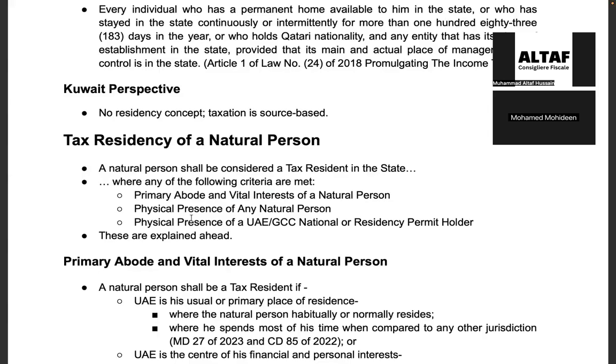You rightly pointed out, but does the DTA not override this rule? See, you will find that usually the double tax convention will be in line with this rule.